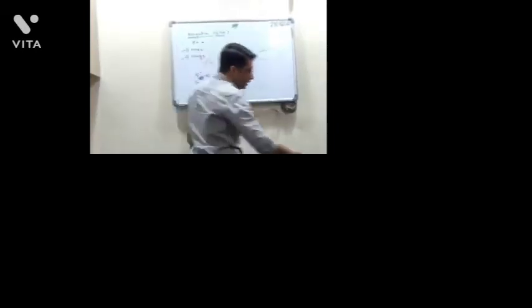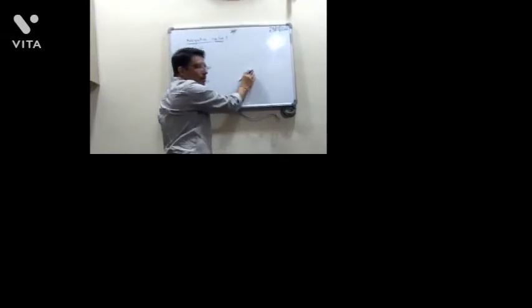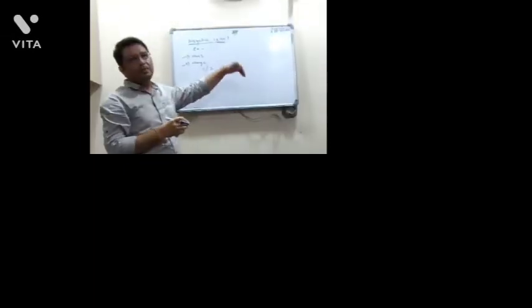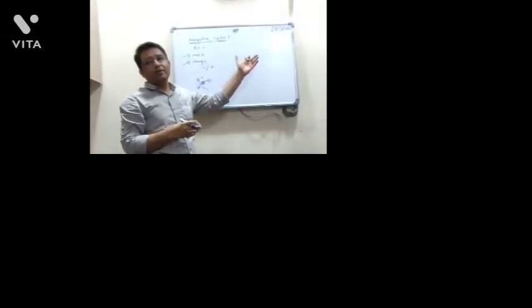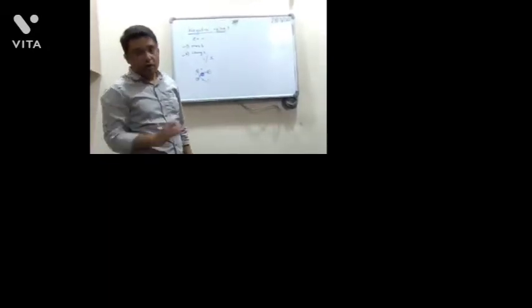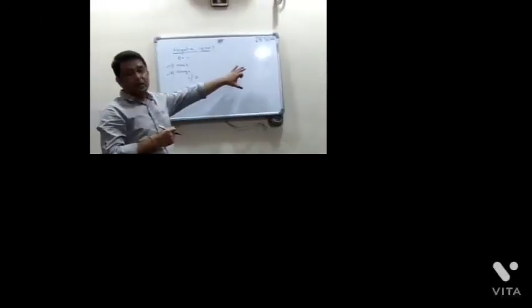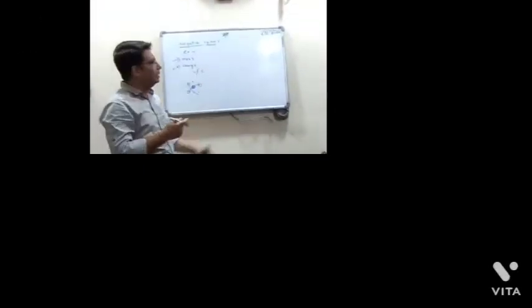So in order to understand this concept, we have to take another example. See, this example is not sufficient to explain the concept of negative. So I'll give you another example. Now let us assume that there is a ring.